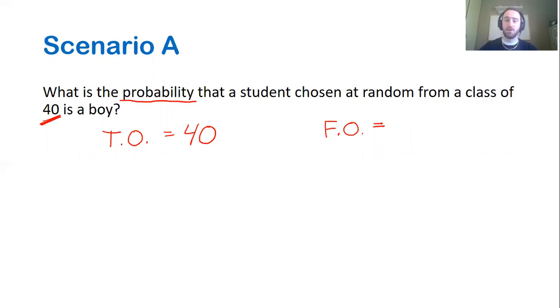We would need to know if there's 20 boys and 20 girls, or 10 boys and 30 girls. In this case, we cannot solve for probability because we're not able to determine our favorable outcome. All we have is our total outcome: it could be any one of the 40 students.